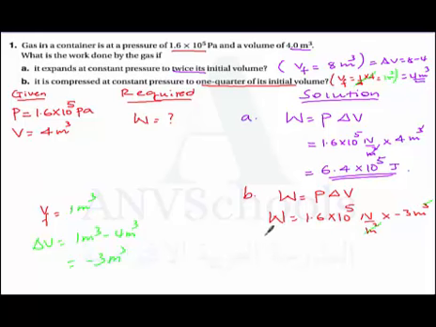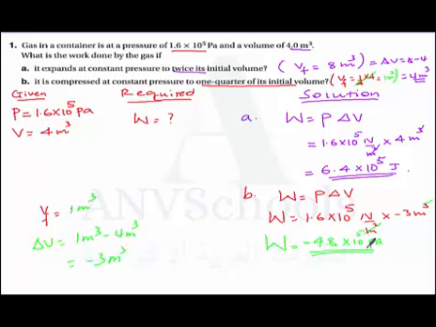So the work done is 3 times 1.6, which is -4.8 multiplied by 10 to the power of 5. This means we get a negative work done, which means work is done on the gas. So here we have a negative work done.